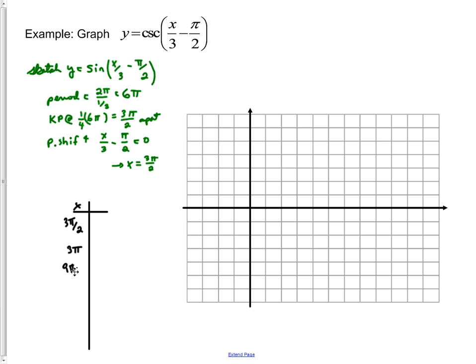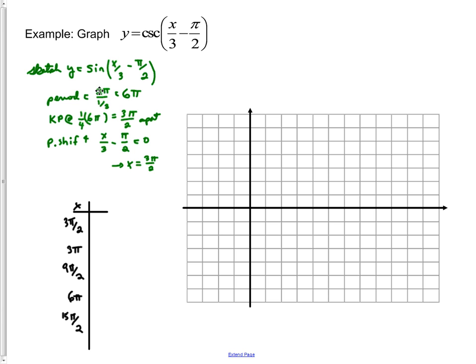If you need to pause and work those through on paper, you probably should. 3 pi over 2 plus 9 pi over 2 gives me 12 pi over 2, so that's 6 pi. But we need to add one more so that we have a total of 5 key points. So if we take 12 pi over 2 and add 3 pi over 2 more, we get 15 pi over 2.